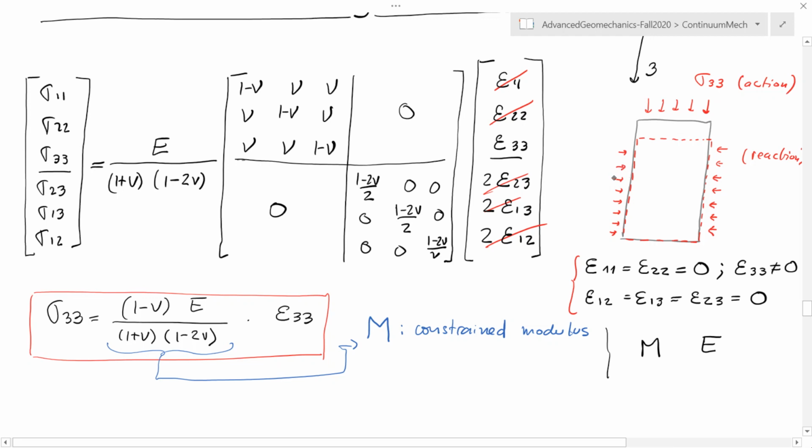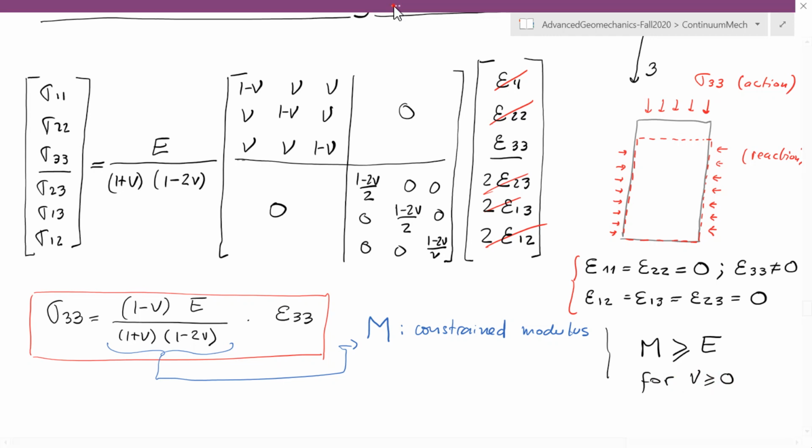As a result, as long as the Poisson ratio is larger than 0, then the constraint modulus is going to be larger than the Young modulus.